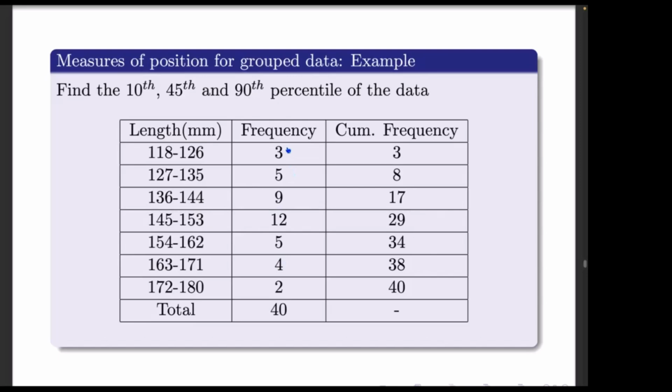But we know this is the first, this is the second, this is the third, and this is the fourth. But 4.1 is between this and this. So we take the two values, sum them and divide by 2. So 12 plus 5 divided by 2, you get 8.5.